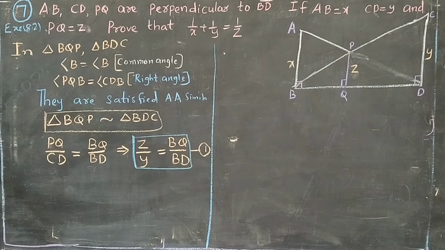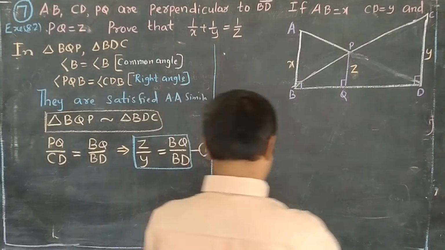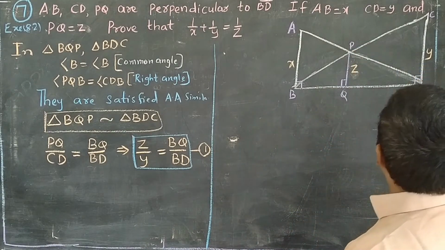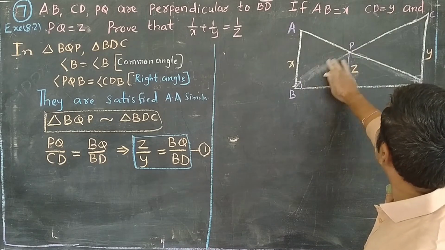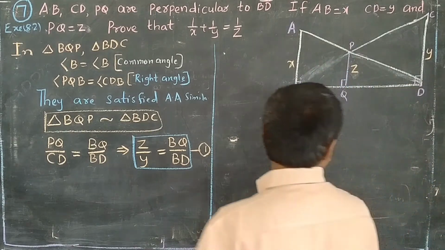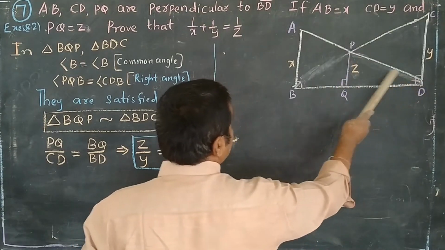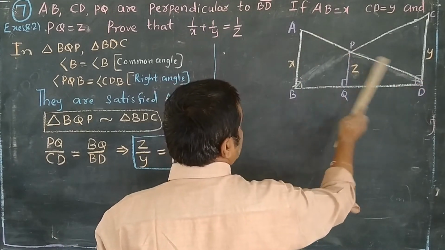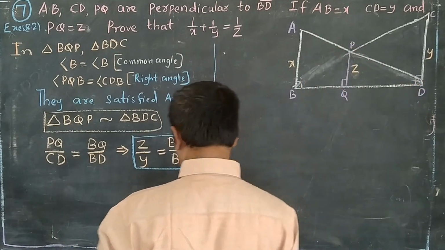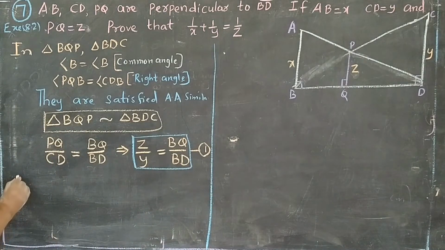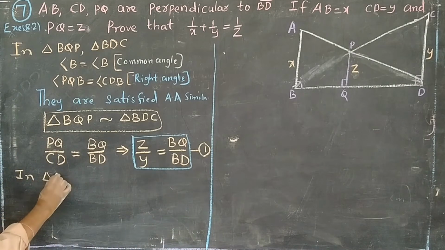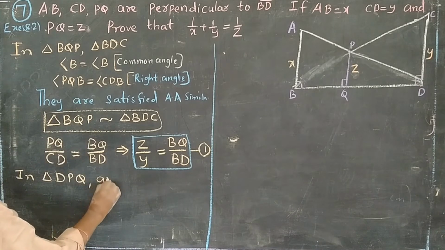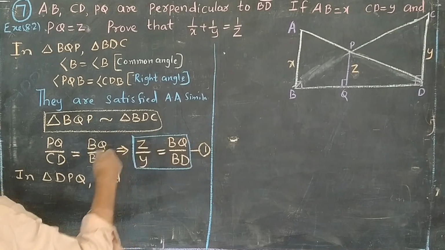Next, again I am going to join this line, and remove this line. I am checking this small triangle and this biggest triangle. This small triangle name is DQP, triangle DPQ, and the other biggest triangle is DBA.